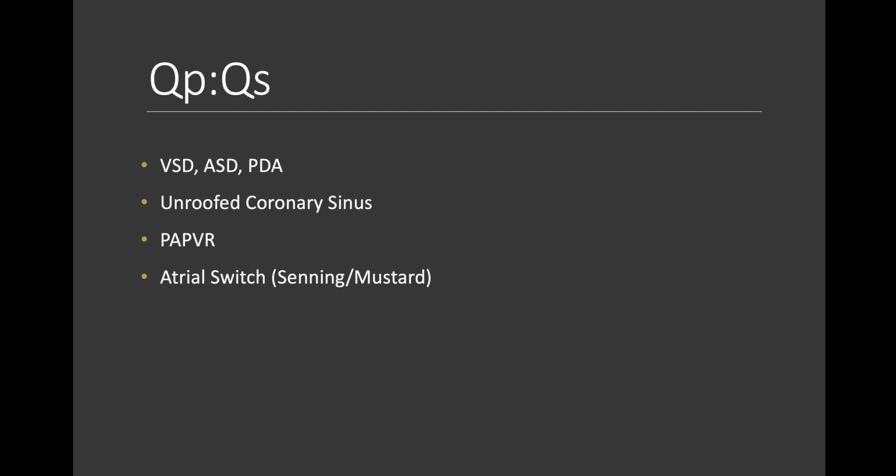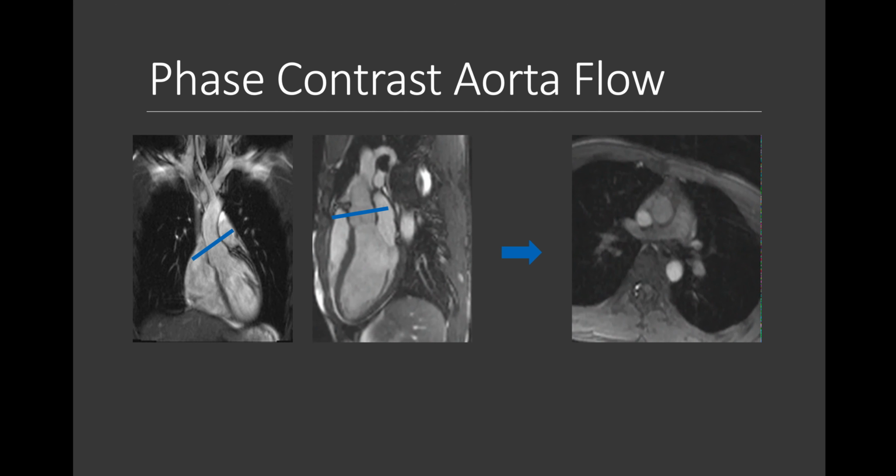It is simple to measure the QpQs using the net flow in the pulmonary artery and the net flow in the aorta, where the shunt is at one level, possibly intracardiac. This is a kind of reminder.